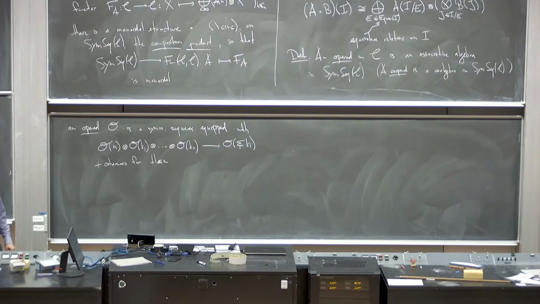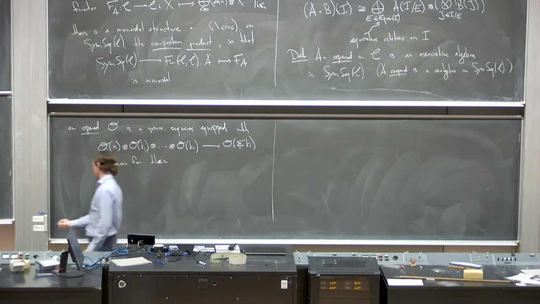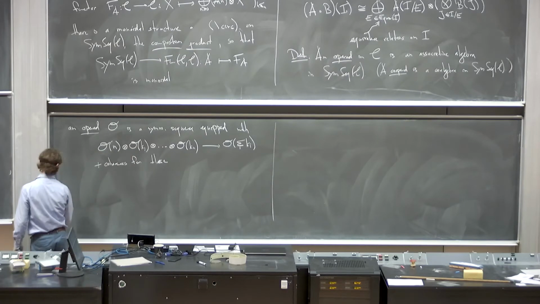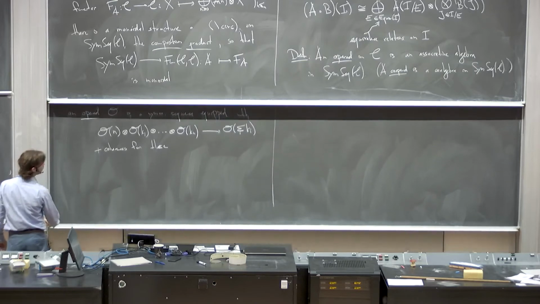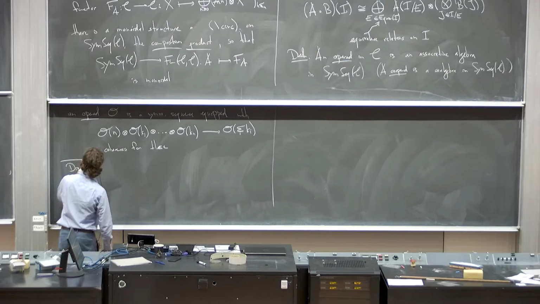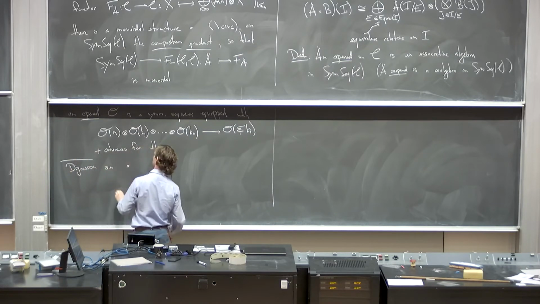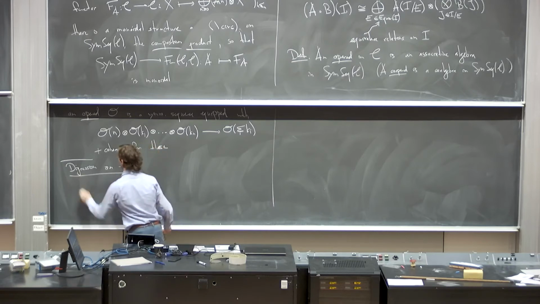Since I think I have some time, I just wanted to do a very brief digression on this composition product, because as I said, there exist several versions in the literature, and I just want to suggest an easy one. So here's a little digression on this composition product.